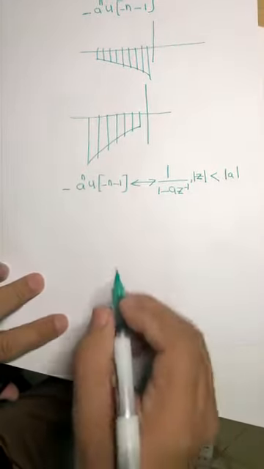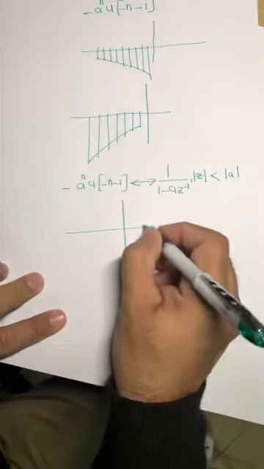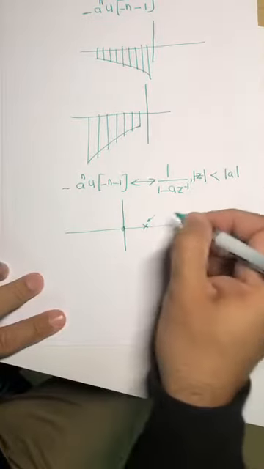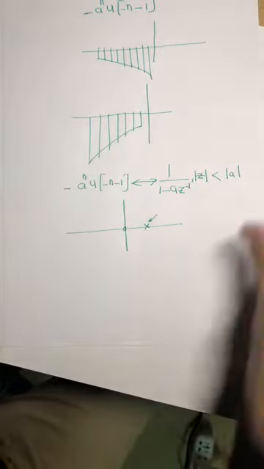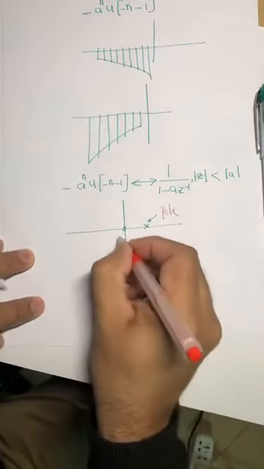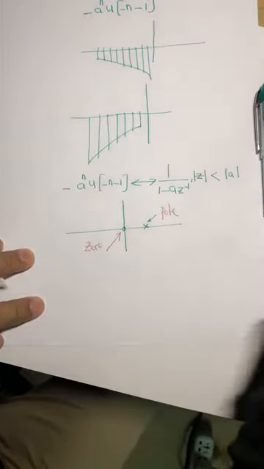Okay, so once you plot it, it is plotted like this. So still the poles and zeros are the same. So this is the pole of the system. This is the zero of the system.